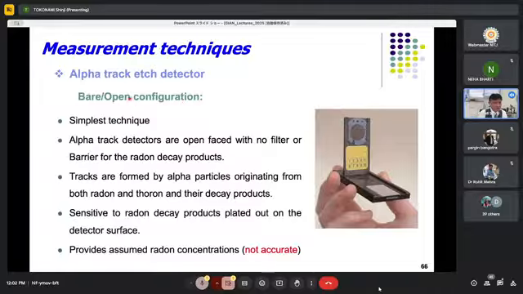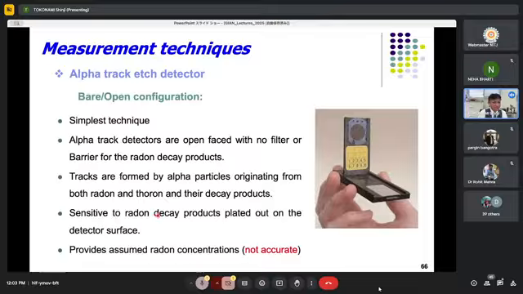This slide shows the bare or open detector configuration. Here is the simplest technique. Alpha track detectors are open-faced with no filter or barrier for radon decay products. Tracks are formed by alpha particles originating from both radon and thoron and their decay products.